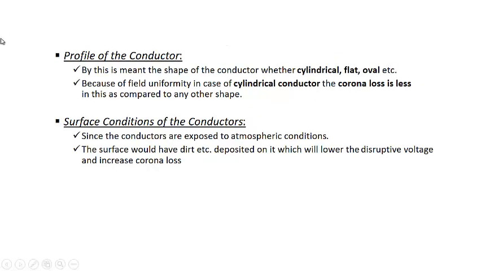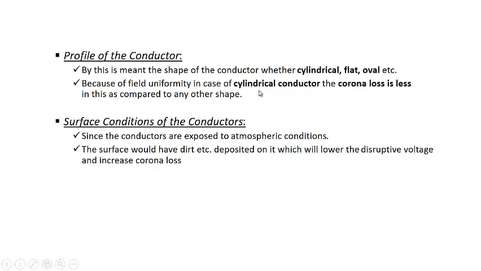Now, one more parameter is the profile of the conductor. By this, it means the shape of the conductor, whether cylindrical, flat, or oval. Actually, we are talking about the surface irregularity factor. Because of the field uniformity in a cylindrical conductor, the coronal loss is less as compared to other shapes.